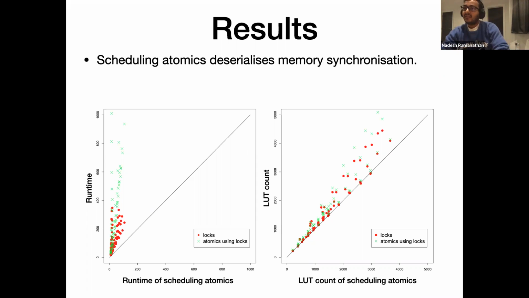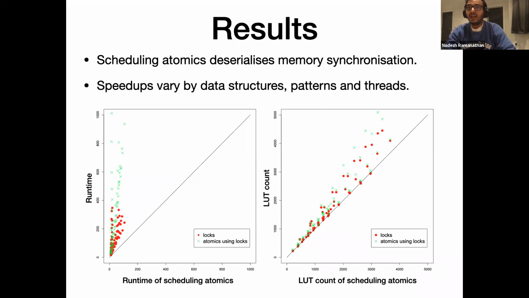And also on the right, you see the LUT count. You see that the scheduling approach is using either an equal number of LUTs or fewer. These speedups vary by the type of data structure, the pattern that I was talking about, and the number of threads. That is very detailed and is in my papers.